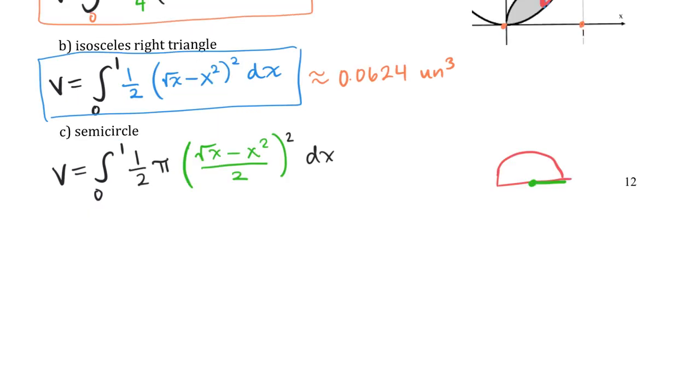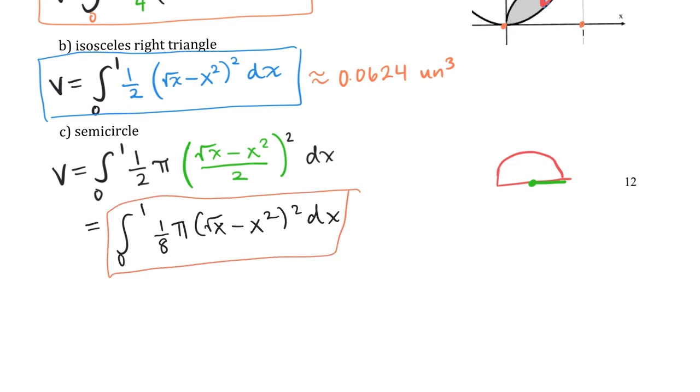And this is 1/2 pi r squared, so I'm still going to square this, and this is with respect to x. I can put this all in my calculator, but I'm going to simplify the fraction a little bit first. I'm squaring the 2, so this is 4, and times 1/2, it's actually 1/8 pi. And then I still have the root x minus x squared dx, and I am going to put it in my calculator just to try it.